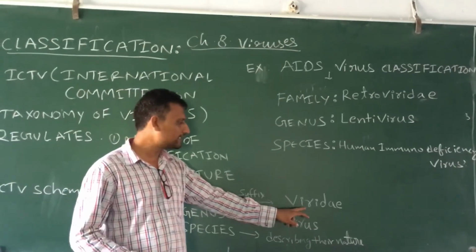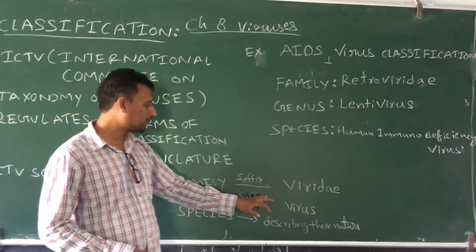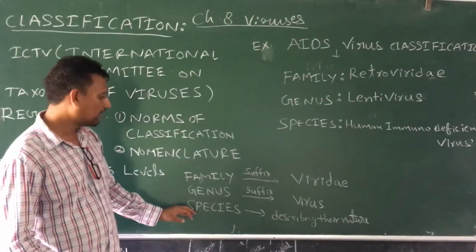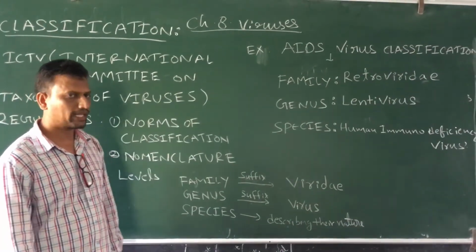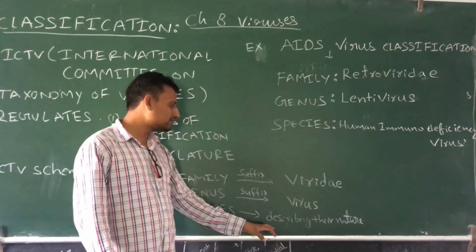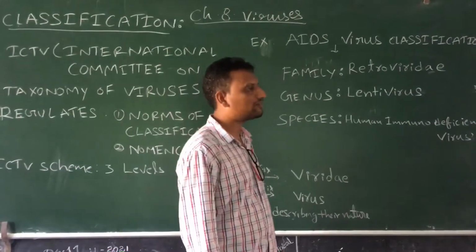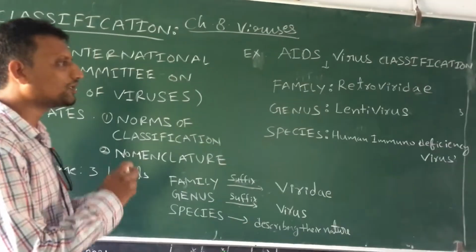If the word ends with viridae, it is a family. If the name ends with virus, it is a genus. For species names in viruses, there is no specific rule like ending with any word, but they describe the nature of the virus. The species name is given by the nature of the particular virus.